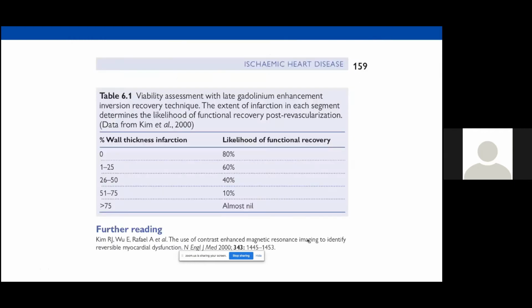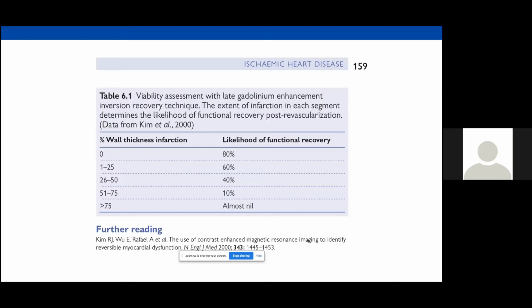This is from the very first landmark paper on myocardial viability by cardiac MR. In this study, it has shown how viability suggests the likelihood of functional recovery of the myocardial segment.